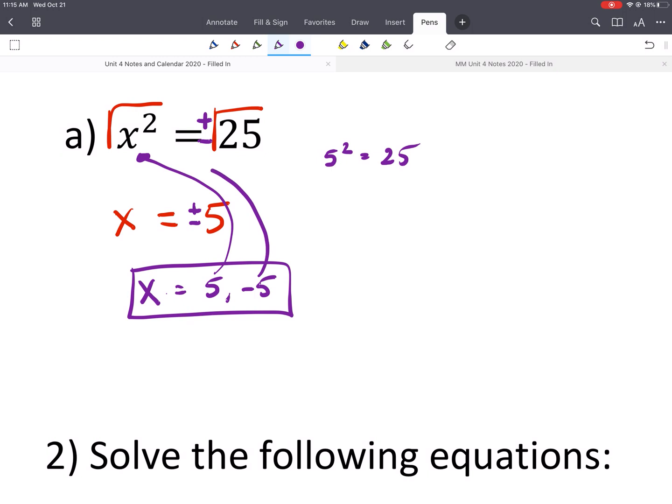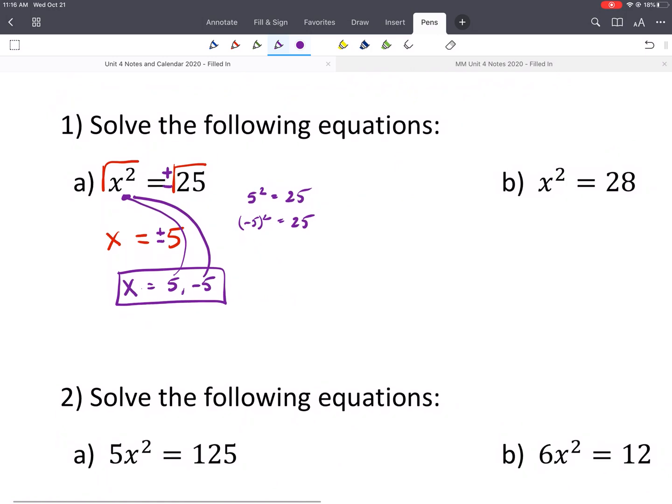But if we plug in a negative 5, we get negative 5 squared, negative 5 times negative 5, which gives us a positive 25. So here there are 2 solutions, a positive one and a negative. That's the reason why we have plus or minuses.